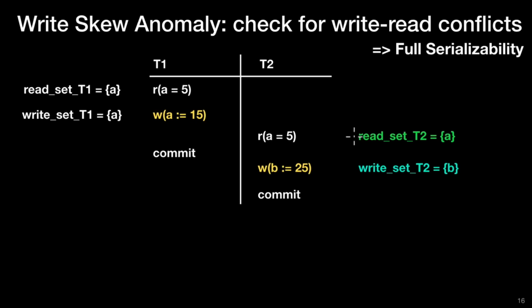This class of error scenarios is called write skew anomaly. And here, the important thing to note is that we don't necessarily have a conflict between the write sets. However, we have a conflict in the sense that this transaction that wants to commit read something that was changed. So it's more a conflict of the items I read with the stuff that was written while T2 was running.